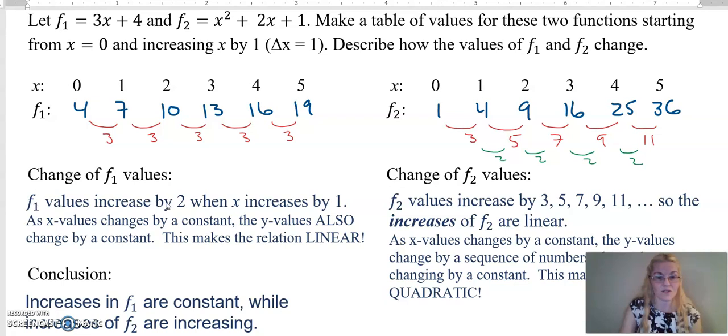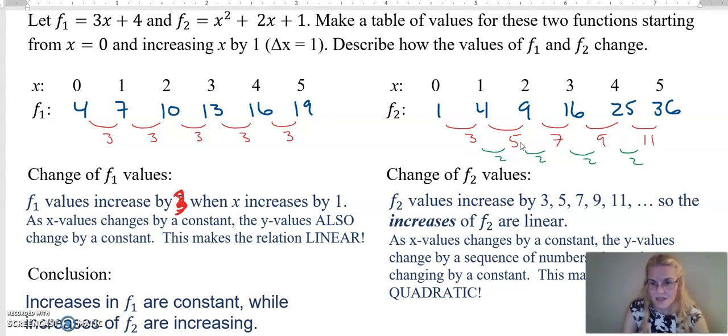So f1 values increase by, whoa, that's a typo, not 2, 3. They increase by 3 when x increases by 1. This is what makes it linear, rise over run constantly. But in this case, my y values are increasing, but not by the same thing every time.